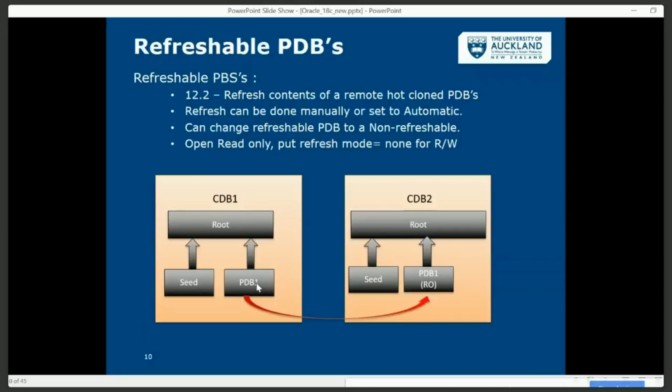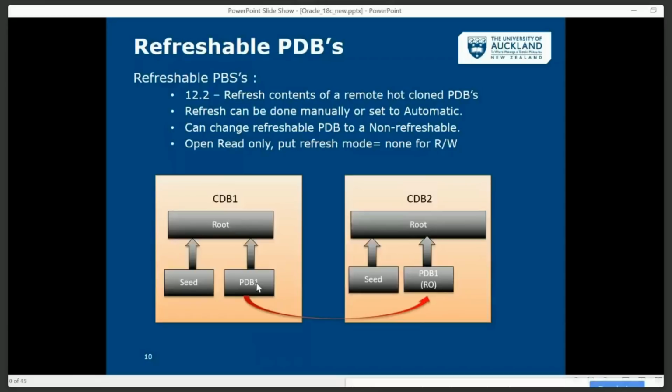You can update the cloned PDB either manually or automatically. For example, I want a cloned PDB to be refreshed every 60 minutes because there is a change in the production database. I want a cloned copy of the production database, but I want to update the contents after 60 minutes. So that is possible from refreshable PDBs, and it is available from 12.2 onwards.